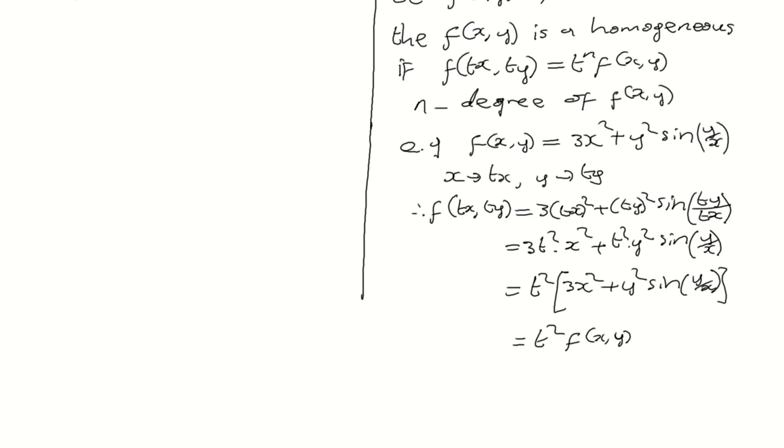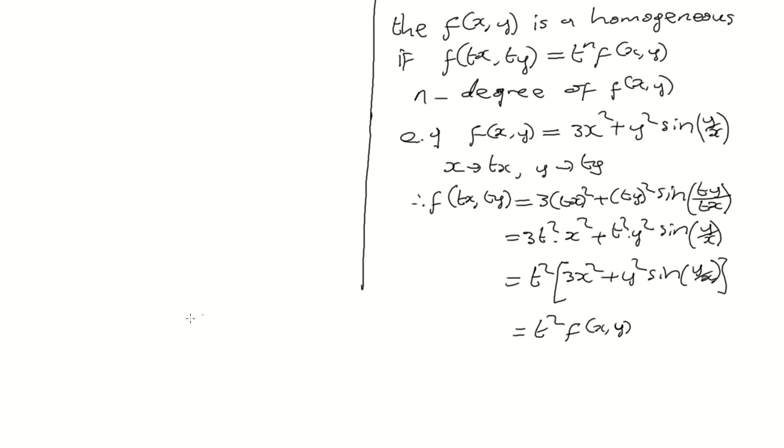So what has just happened? We started with f of t x, t y, but when we get here, the t is now sitting alone next to the f of xy, with the power 2.